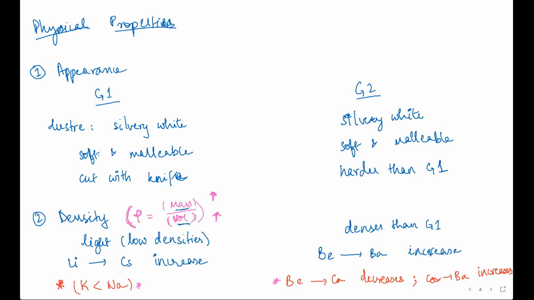If you look at the ratio, mass upon volume of potassium is lower than mass upon volume of sodium, which means there is more of an increase in the atomic radius than in the atomic mass, which is why this ratio is greater for sodium.